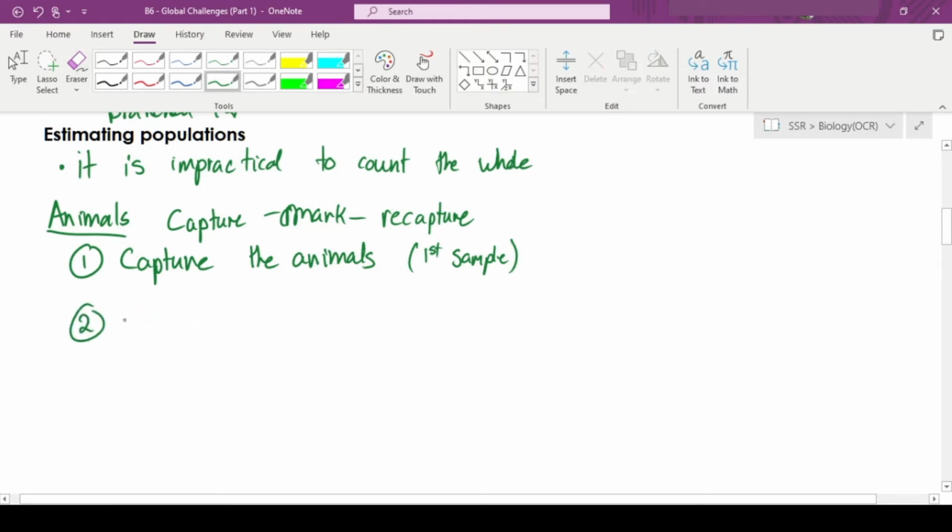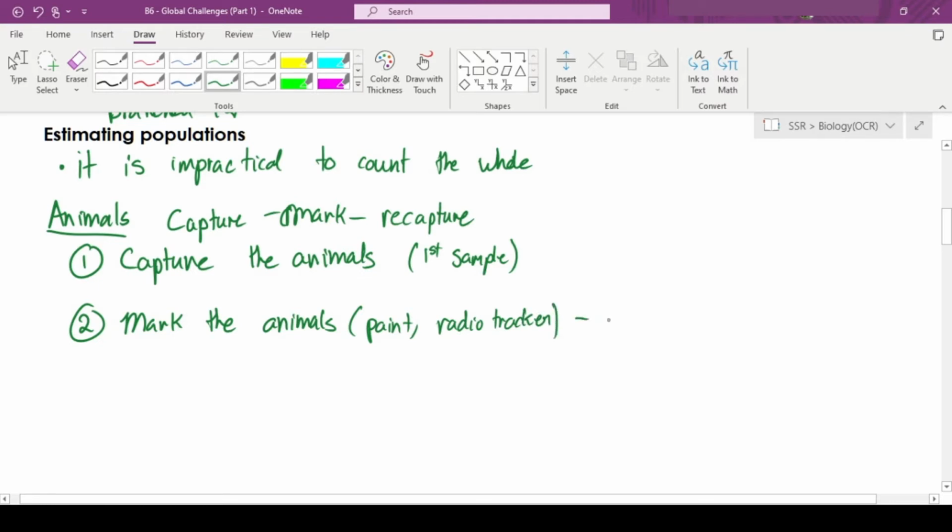You're going to mark the animals that you have captured. And you can do this with paint, you can do this by shaving a small patch of fur, you can do this in a number of different ways. Radio tags as well, actually. There's a whole bunch of them.